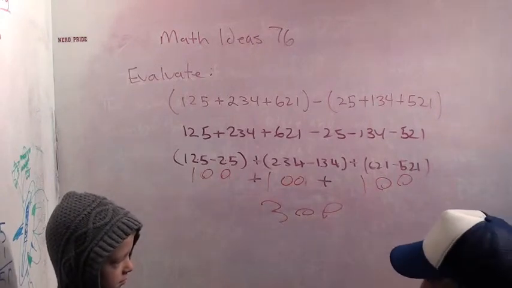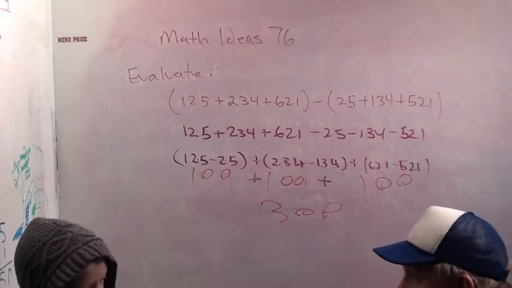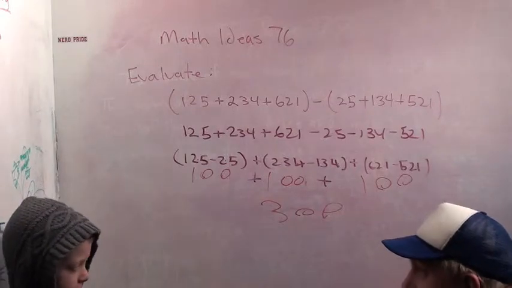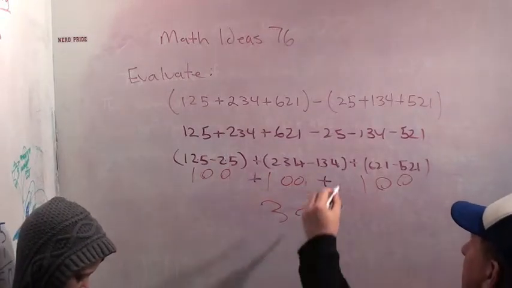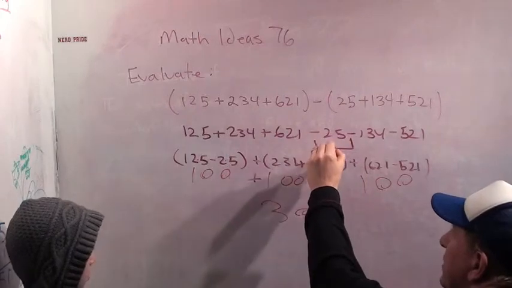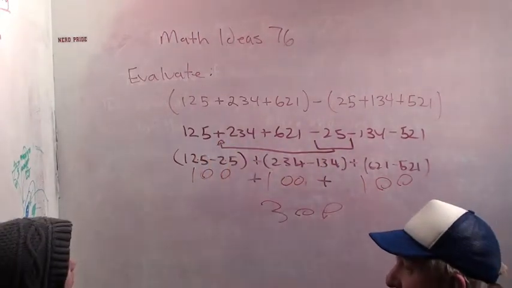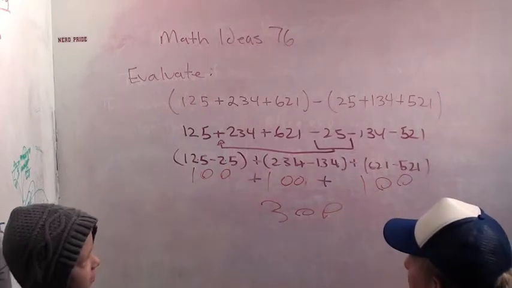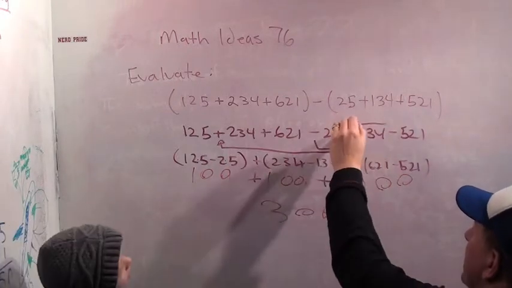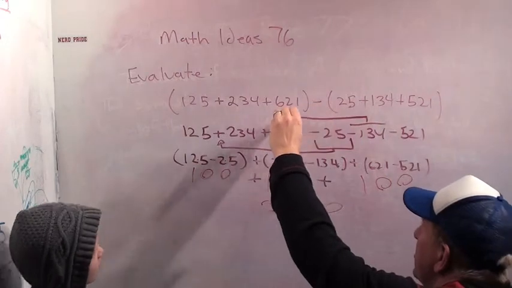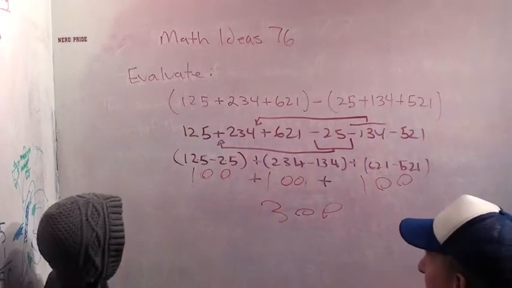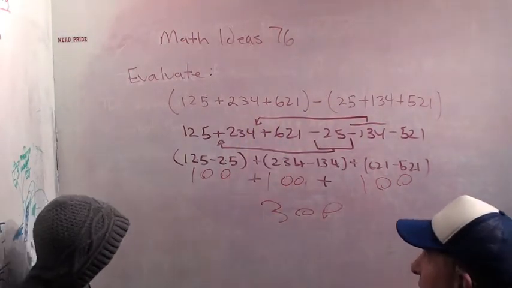Do you know what commute means? Move. Right. So it means this minus 25 commutes over here, like he's riding on a bike. And then this minus 134 commutes over here and meets a friend.